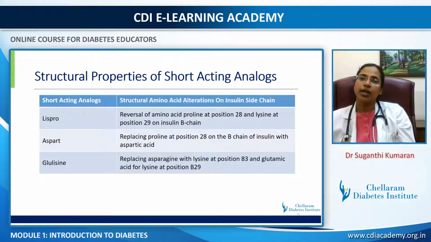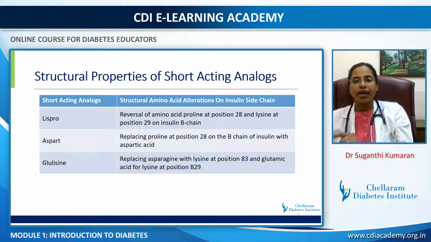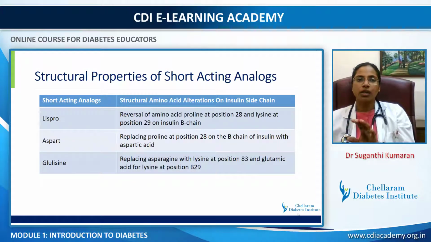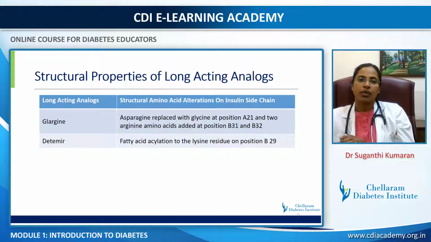The third kind of short-acting analog called glulisine, there the asparagine has been replaced with the lysine. Replacing asparagine with lysine at position B3 and the glutamic acid for lysine at position B29 happens. So these are the structural properties or the variations which have been done in order to produce the analogs.